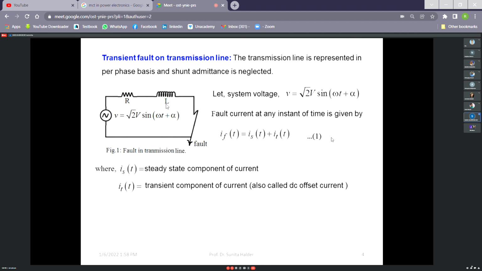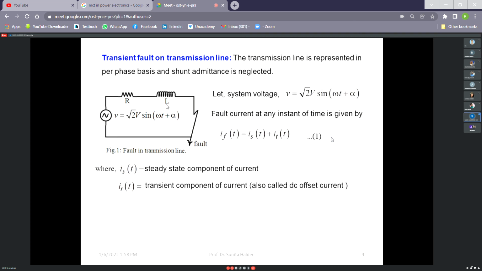The contribution of shunt capacitors is the charging current, which is jV omega C. Now, when there is a short circuit, V has gone to a very low value, ideally 0. So the contribution of shunt capacitor is 0. That's why it is not considered here.